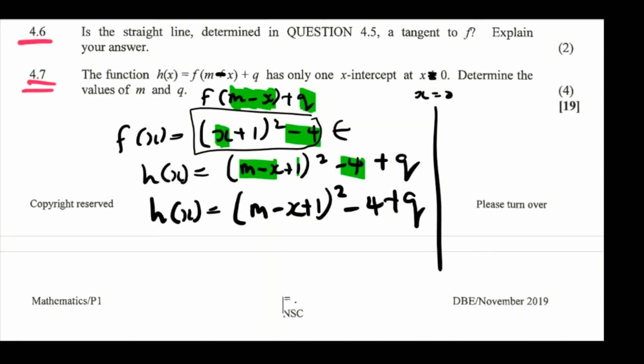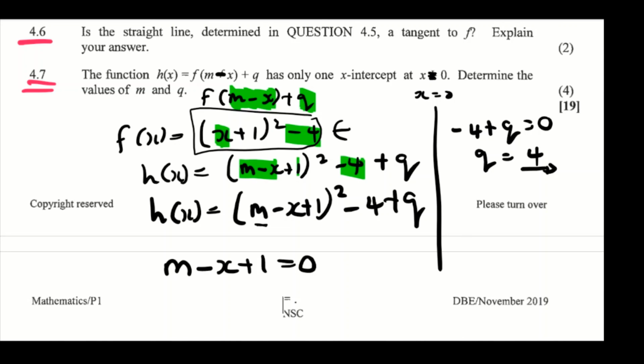So to find the value of q, you can say minus 4 plus q is equal to 0, whereby q is equal to 4. So that is the solution for this one. And then to find this m here, you will say m minus x plus 1 is equal to 0, but you're told that the x-intercept is actually equal to 0, right?